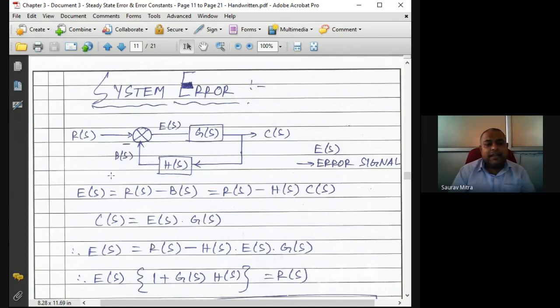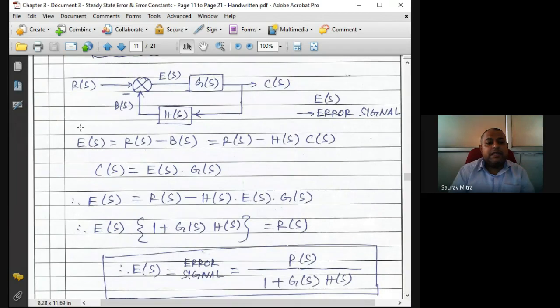Now from here, error analysis. In the first line you can see E(s) is equal to R(s) minus B(s). That error signal is nothing but the difference between input and the feedback signal. Now this B(s) can be written as the multiplication of C(s) and H(s). This is a very small proof that can also be asked in the exam.